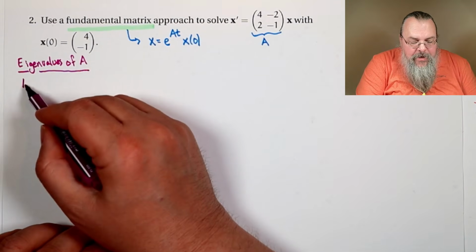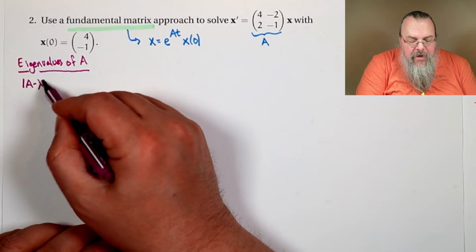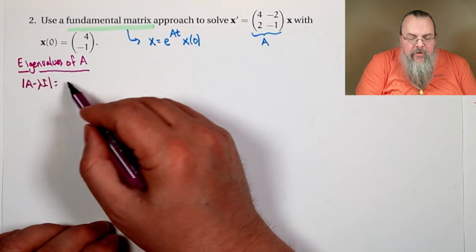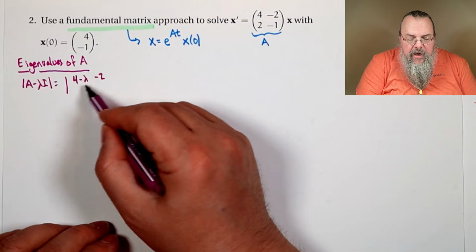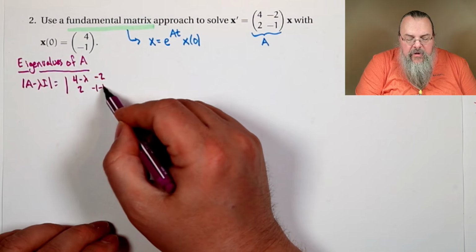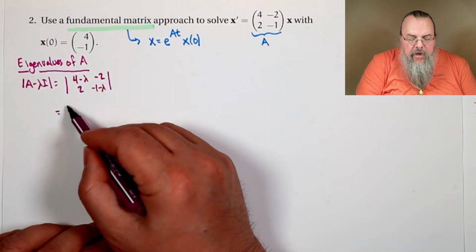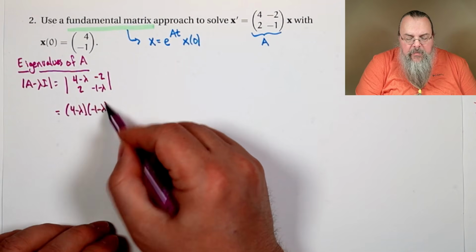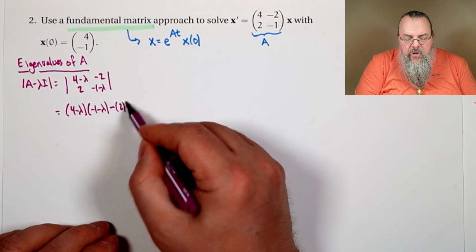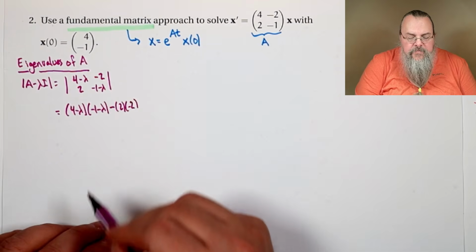So the determinant of A minus lambda I. We put minus lambdas on our diagonals. So we have 4 minus lambda times -1 minus lambda, subtract 2 times -2.